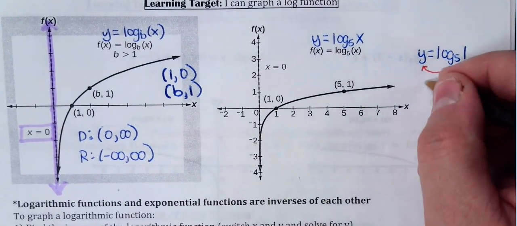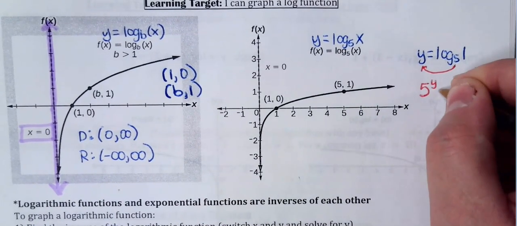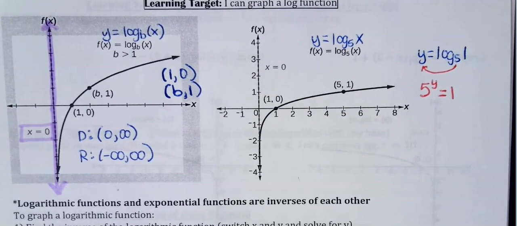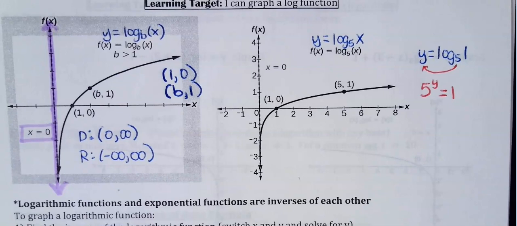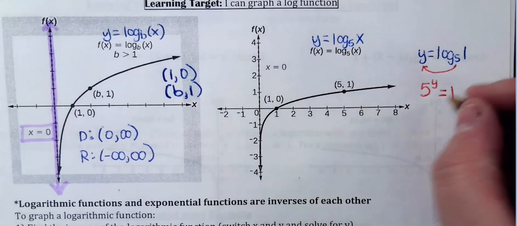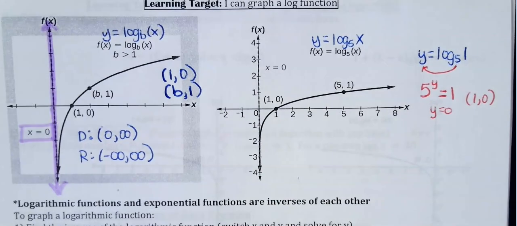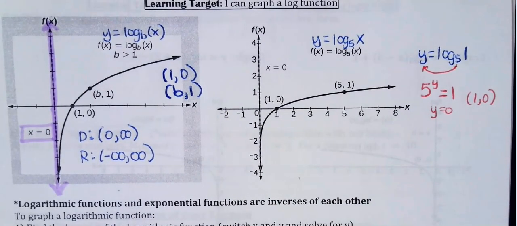I would have 5 to the y equals 1. What would y have to be to make that true? Anything to this power is 1. 0. Okay, so that's why when I plug in 1, y has to be 0 there. That's why you're going to always have that point 1, 0 whenever you have a log function that's not shifted. If it's shifted, we're going to manipulate that a little bit.